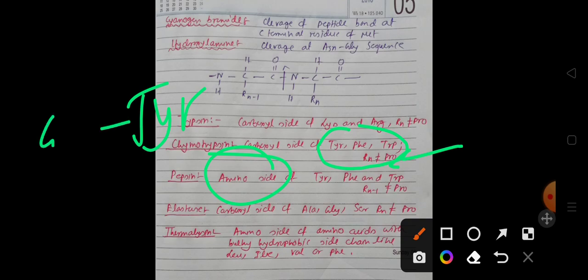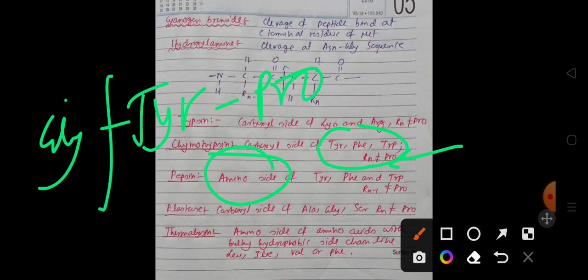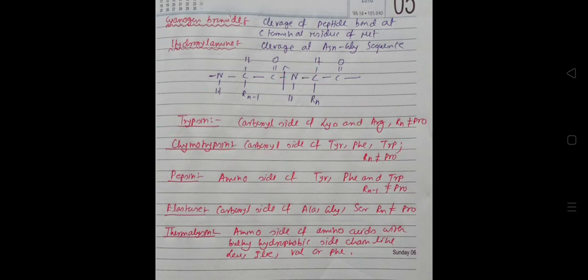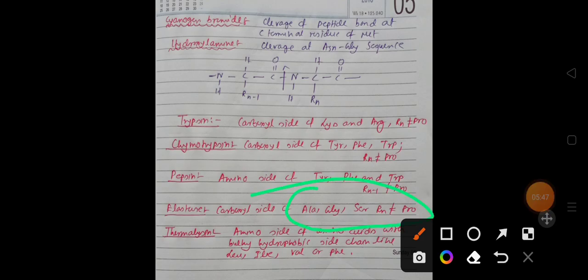For example, let's say this is a peptide, so here it will cleave. And again, if in place of glycine there is a proline, then pepsin will not work, right? So that is the thing. Elastase will cleave after alanine, glycine, and serine, again provided the next amino acid is not proline.